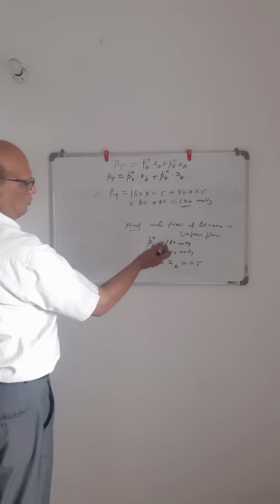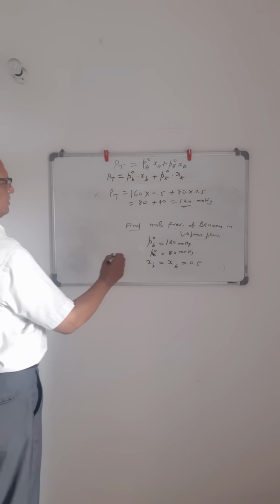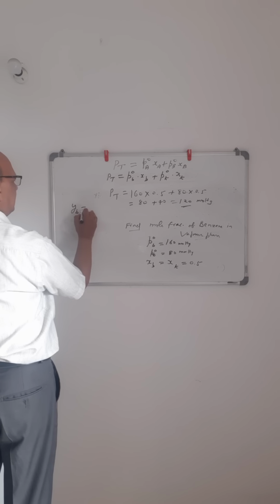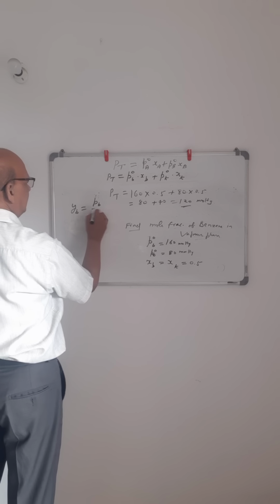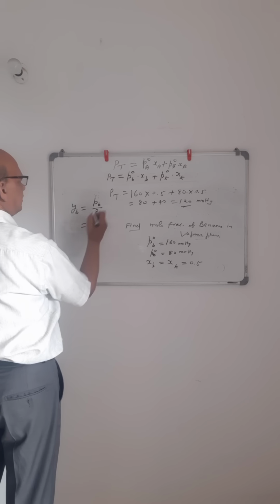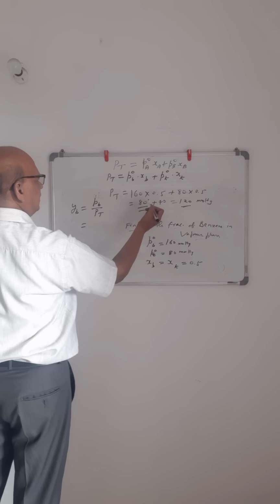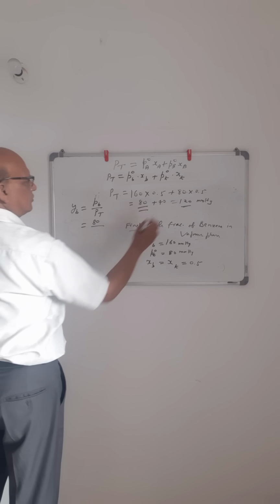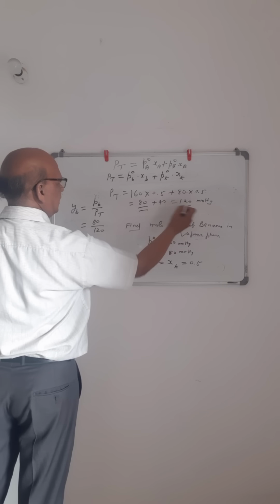Okay. Now what we have to find out is the mole fraction of benzene in vapor phase. How will we find that? The formula is Y of benzene is equal to the partial pressure of benzene in vapor phase divided by total pressure. The partial pressure of benzene is PB naught into XB, that is 80, divided by total pressure, which we have just found out as 120.